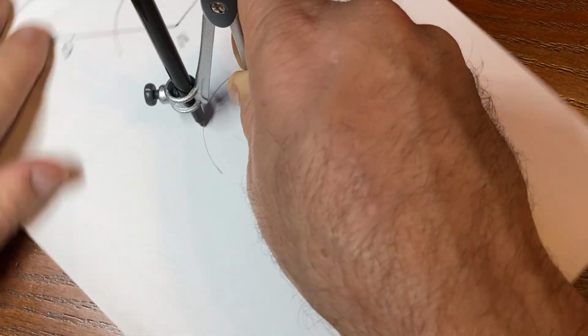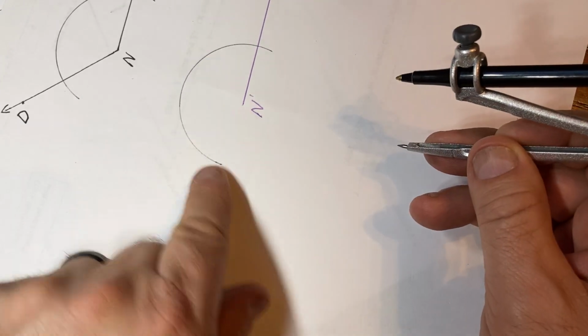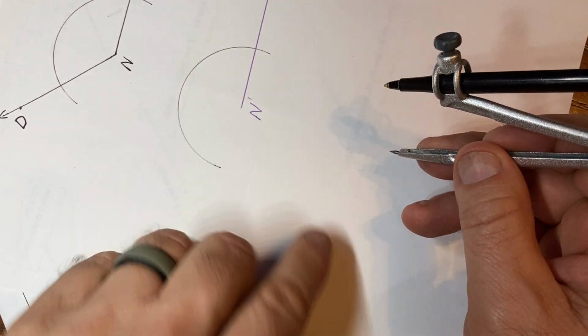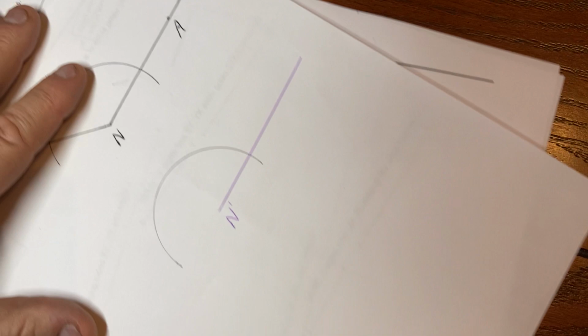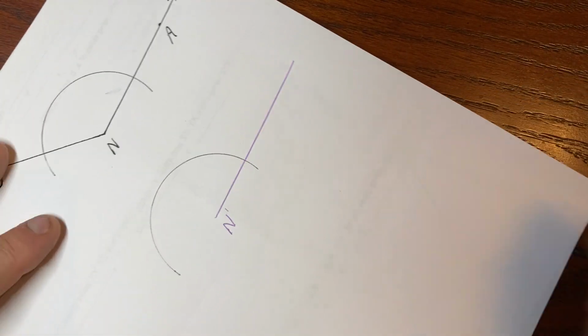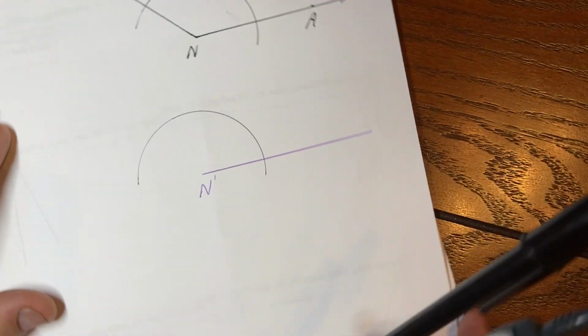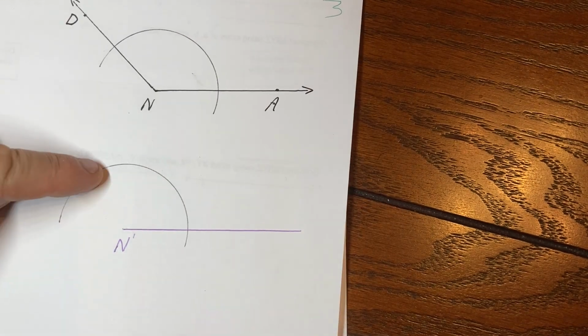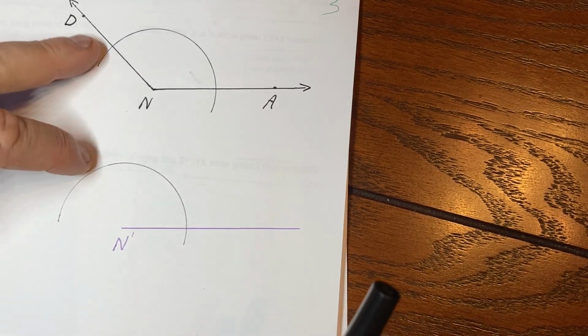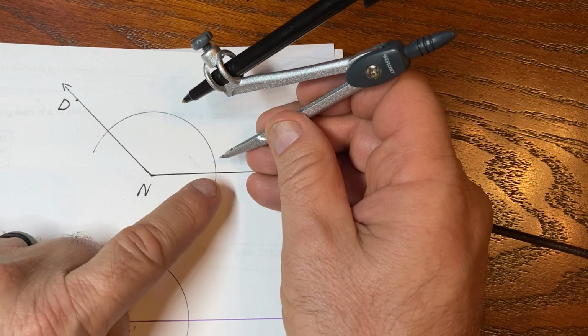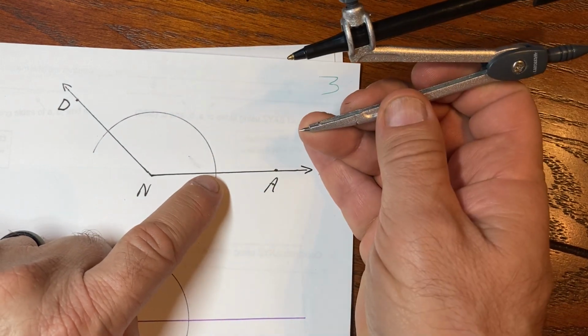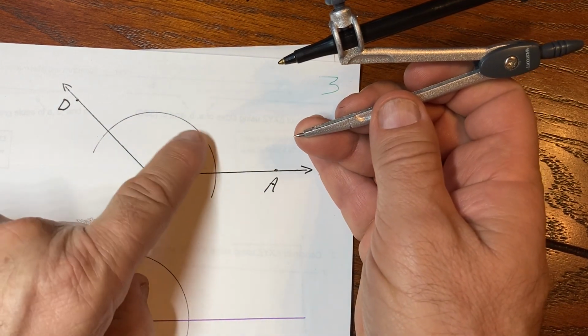Okay, so there, that's more. This is a half a circle, semicircle. That's going to be good. Now I'm going to measure the distance from where this arc intersects the ray right there and right there.